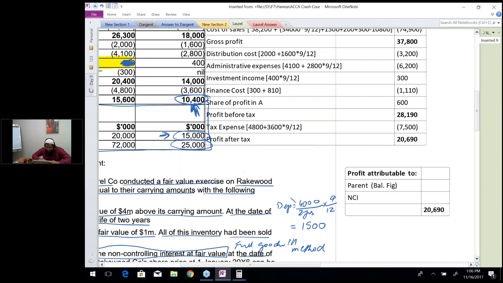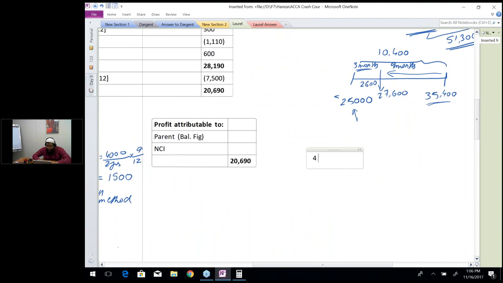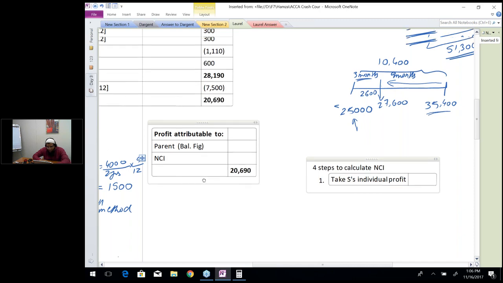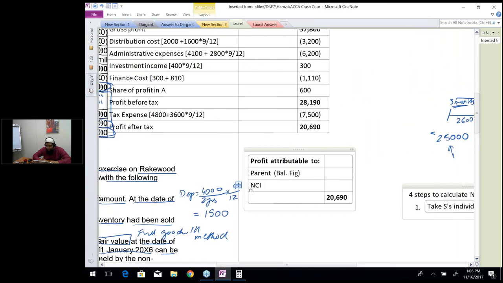So I would say that there are total 4 steps to calculate NCI. And what are those 4 steps? Take subsidiary's individual profit, which in this case is 10400.